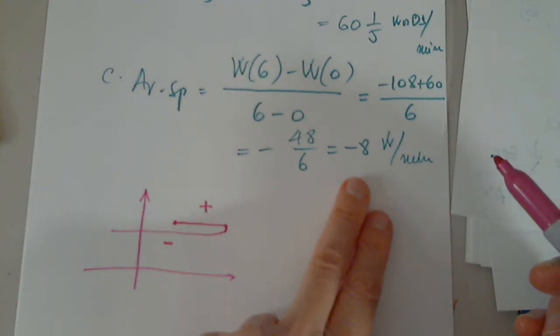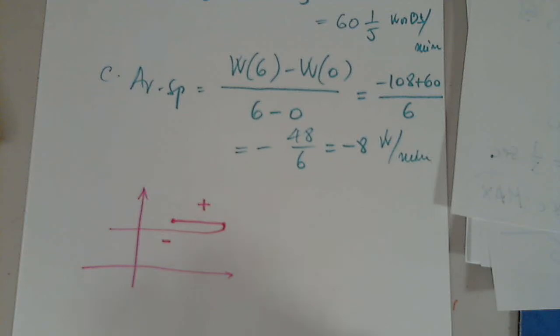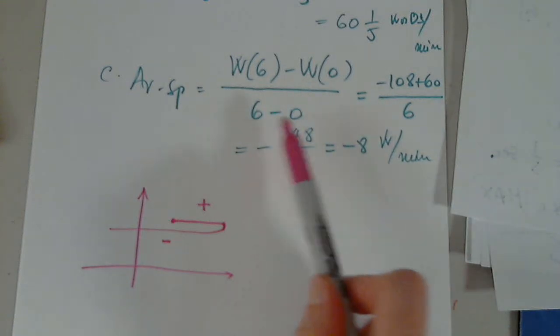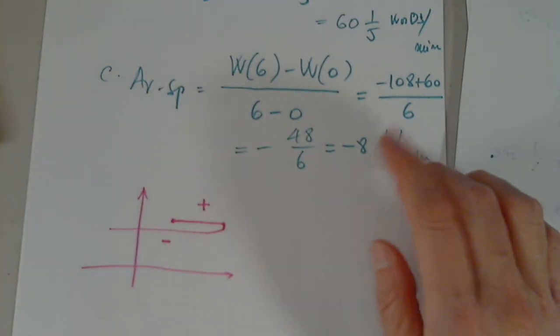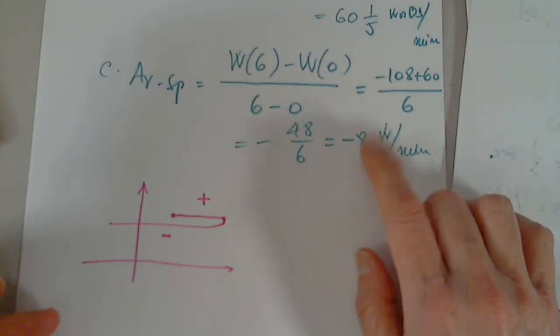So when we get a negative speed, you can say, okay, I'm going to reverse these, because W of 6 minus W of 0 over 6 minus 0 gives me a negative answer. What it's also saying is that the speed is decreasing.